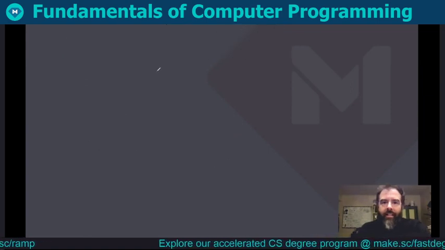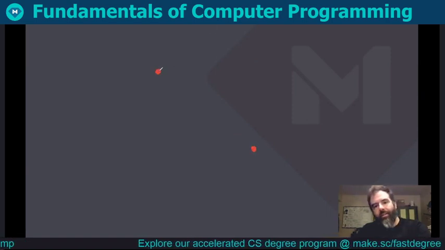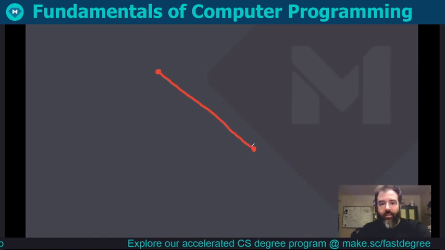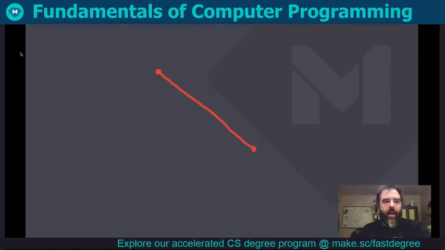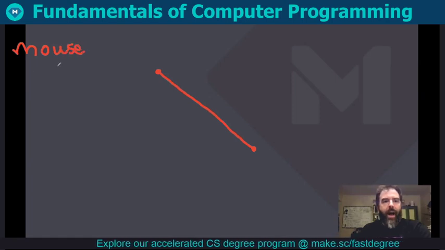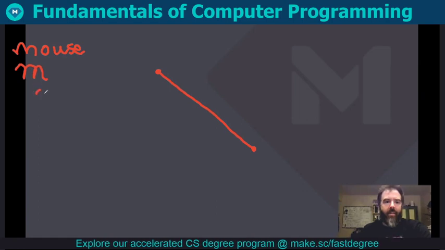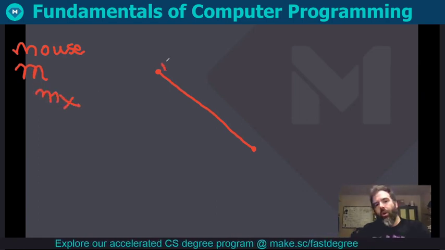All right. We got 2 points. And then we got a line between 2 points. So if I just write M, I mean mouse X and Y. If I write M X, I just mean X. So right here, this is gonna be at the mouse position.